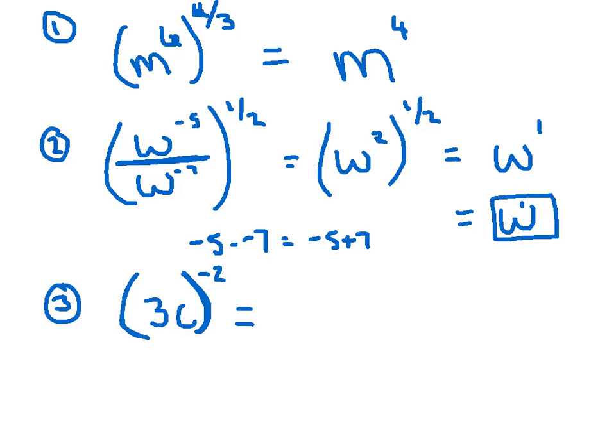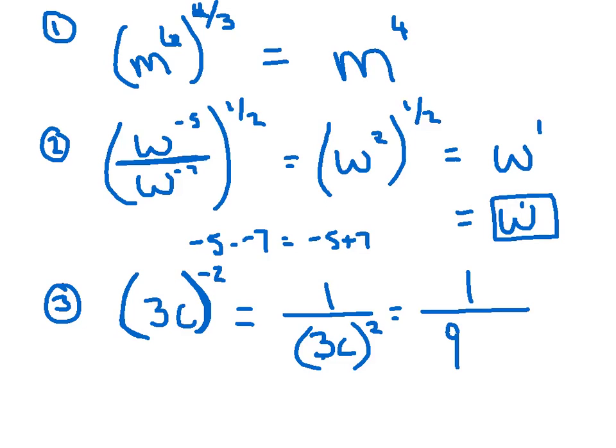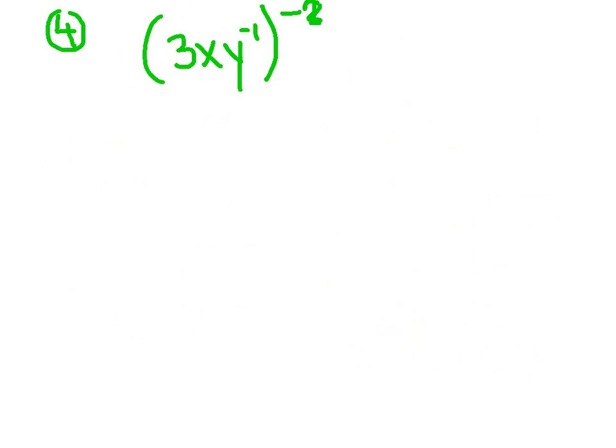We're going to move it from the numerator to the denominator, and when we move that quantity to the denominator, our exponent changes signs. It's now a +2. The last thing I'm going to do is raise both of the factors inside those parentheses to the 2nd power. 3 raised to the 2nd is 9. c raised to the 2nd will simply say c squared. And that, ladies and gentlemen, is my final answer for number 3.